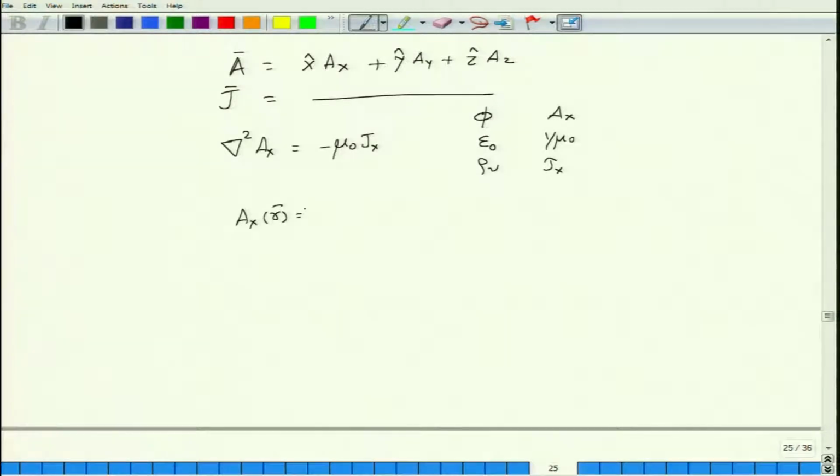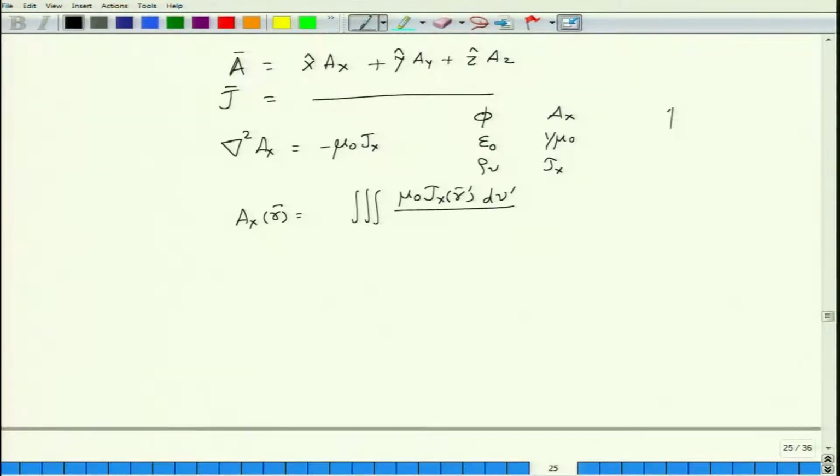Ax at the observation point, remember this observation point is the field point, the point where you are actually evaluating the magnetic vector potential. So Ax at r can be written as the integral of mu naught Jx at the source point, integrated over the entire volume charge distribution. So here is how Jx is distributed, sorry, Jx has to be along the x direction.